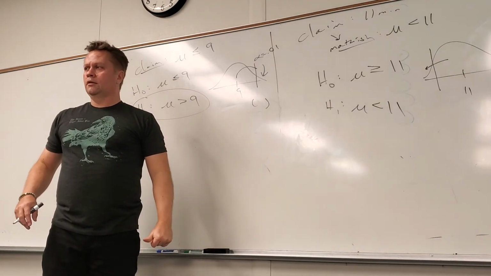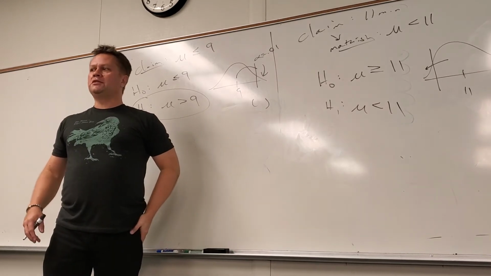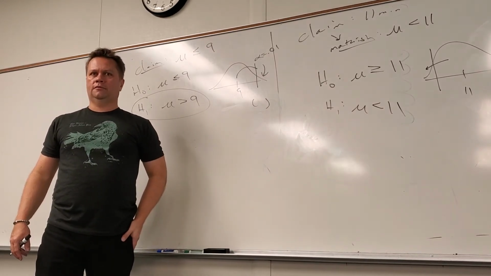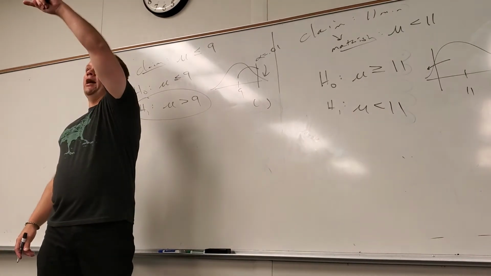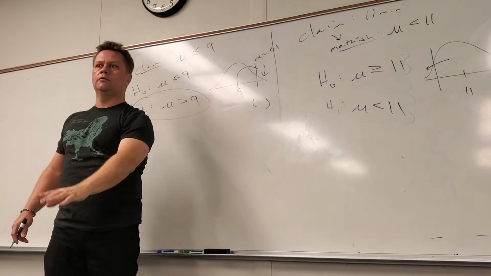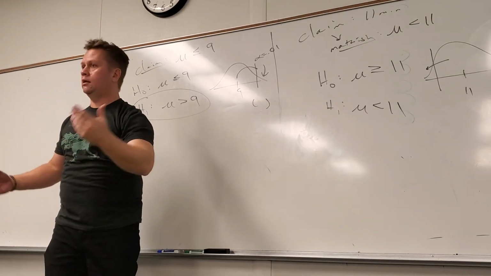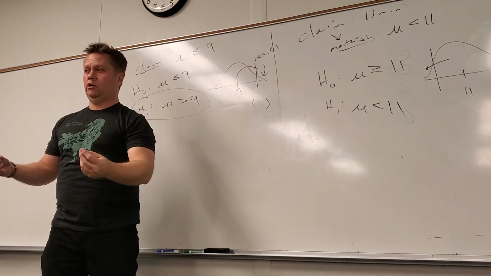Careful, 0.01. 1 tail, 0.01. Yes, 2.326. So now you can see why you want to look at the 1 tail, 0.01, and go all the way down. Did everybody find that? You're going to have to find it yourself later, so right now is a good time to make sure you can find it.